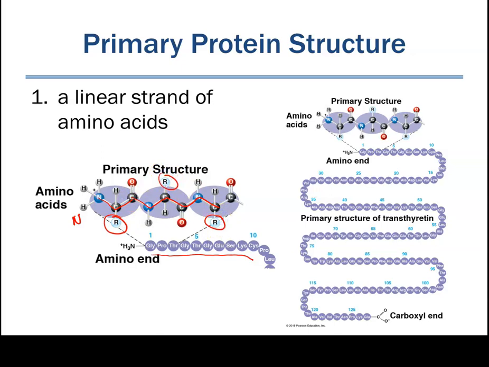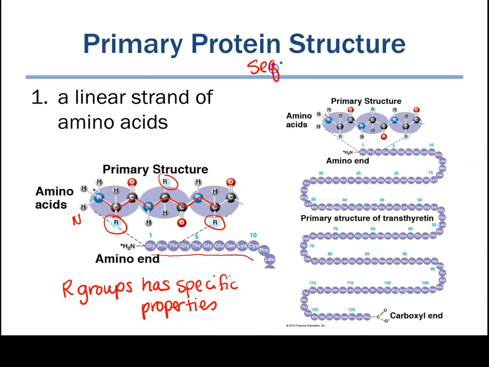Remember that each one of those R groups has specific properties, such as being nonpolar, polar, acidic, or basic. But the primary structure depends on the linking of that backbone. So the primary structure of a protein is just going to be the sequence of amino acids.